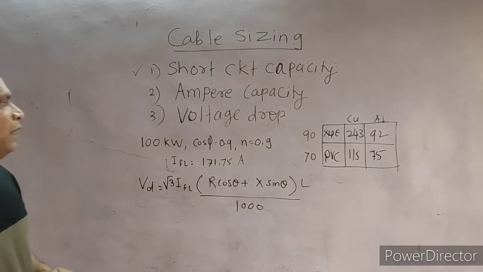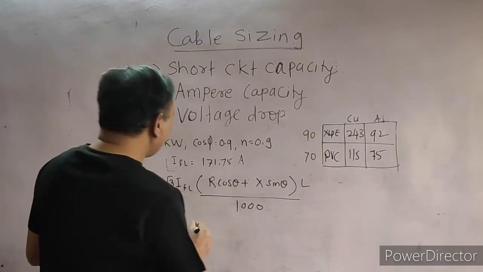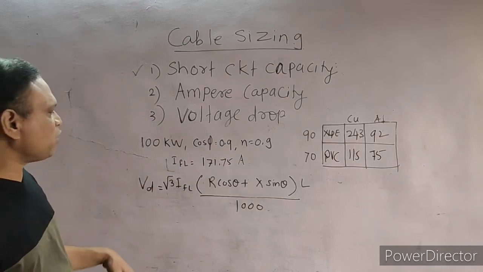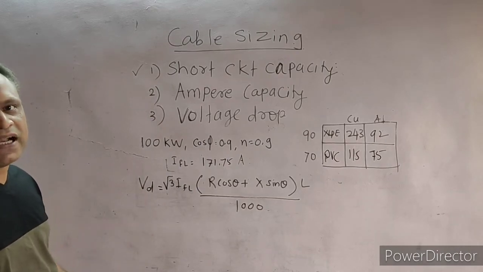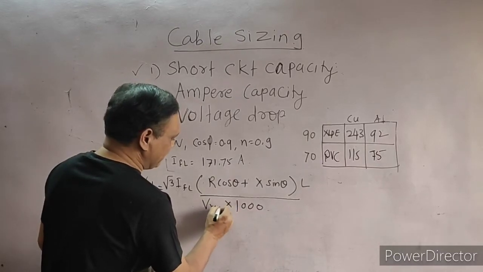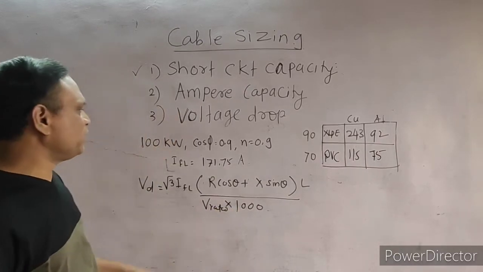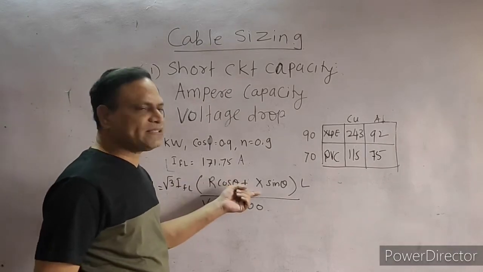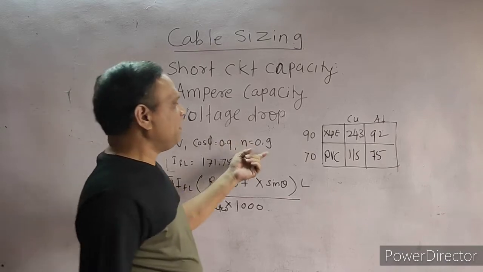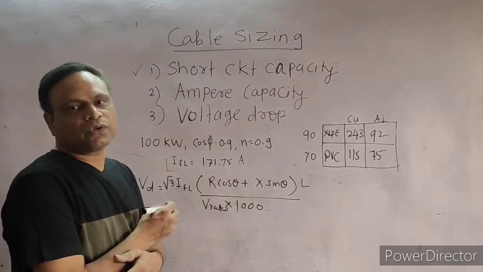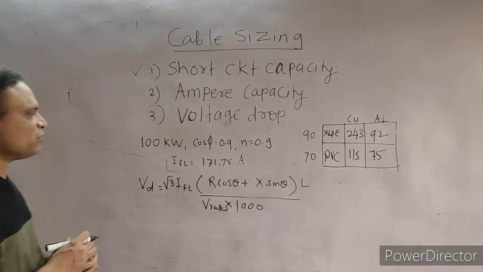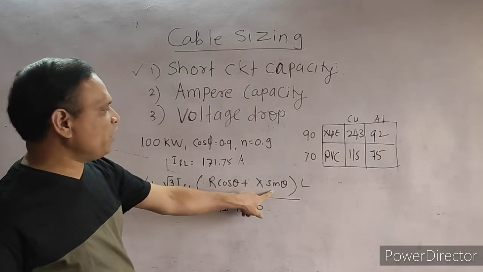Now again the next question arises: this is the voltage drop, and if we want the percentage voltage drop, then we have to divide by the rated voltage. Now if R is known, if X is known, and the power factor is 0.9, then theta comes to be 25.84, and therefore sin theta will be 0.43.